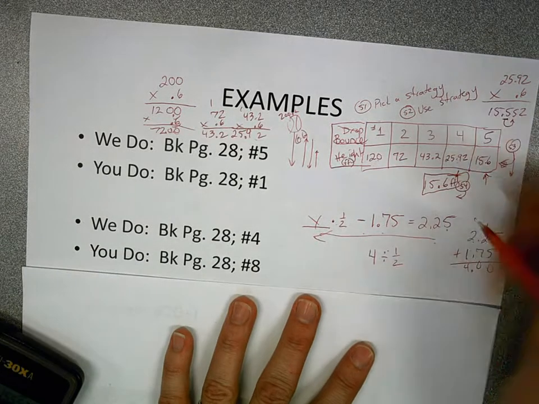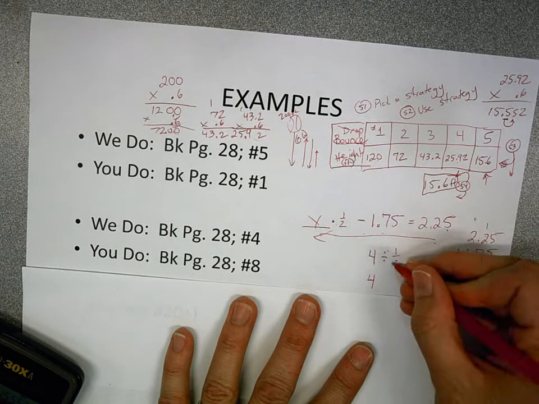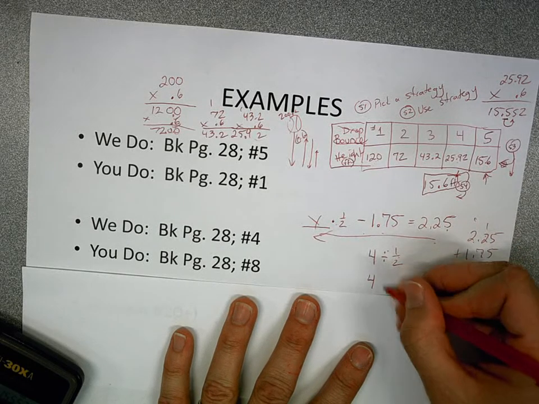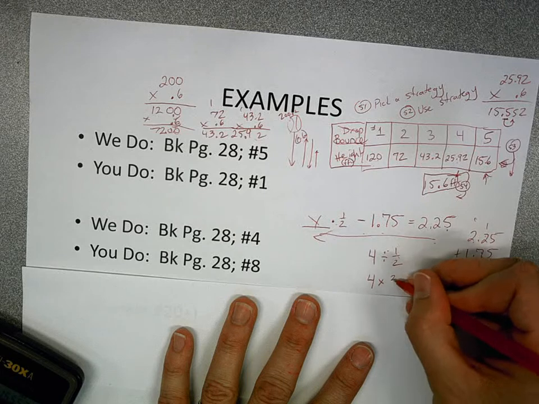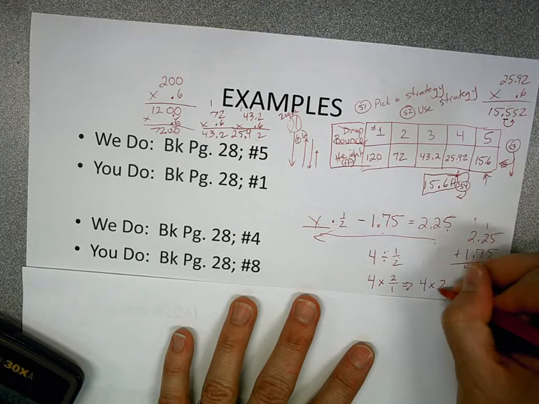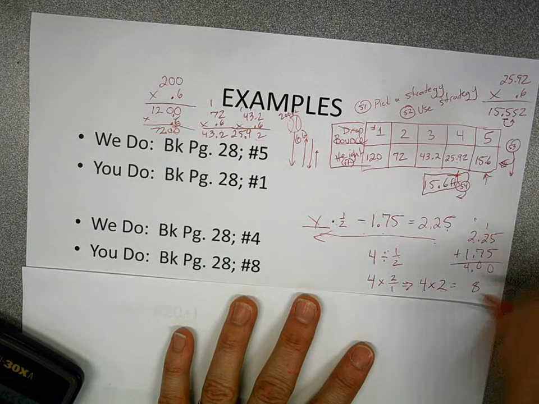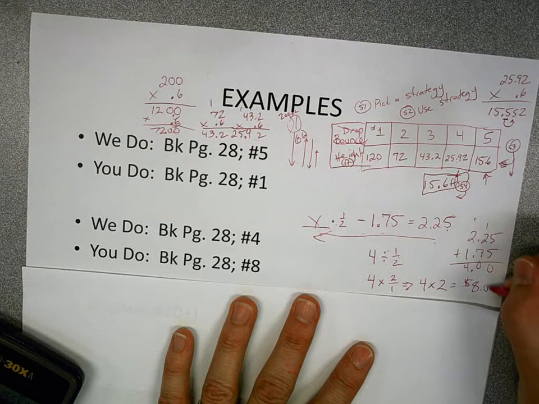If you divide by 1/2, remember, KFC: keep, flip, change. Change the sign to multiplication, 2 over 1, which is really 4 times 2. And ladies and gentlemen, our answer is 8. Or in this case, don't forget your last step, $8.